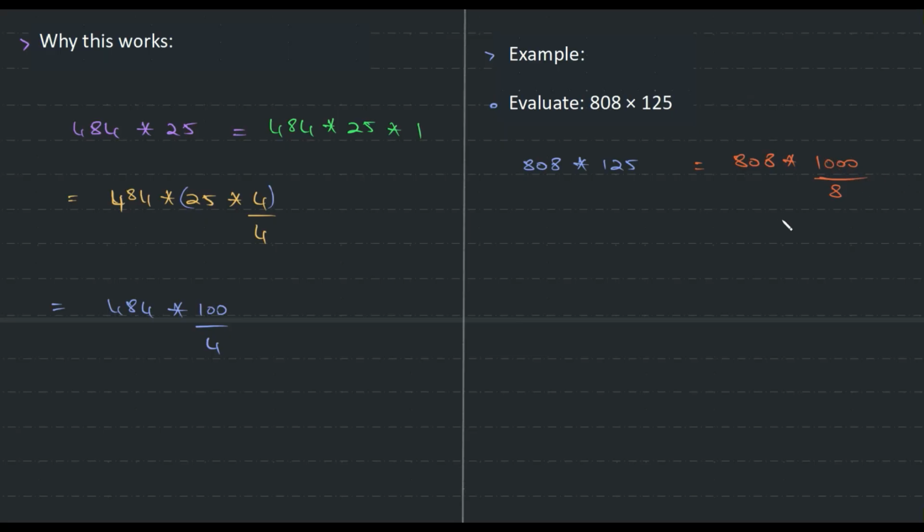Yeah, correct. And now multiplying 808 with 1000 is very simple, 3 zeros, and then division of this will be 101,000. See, it was so simple.